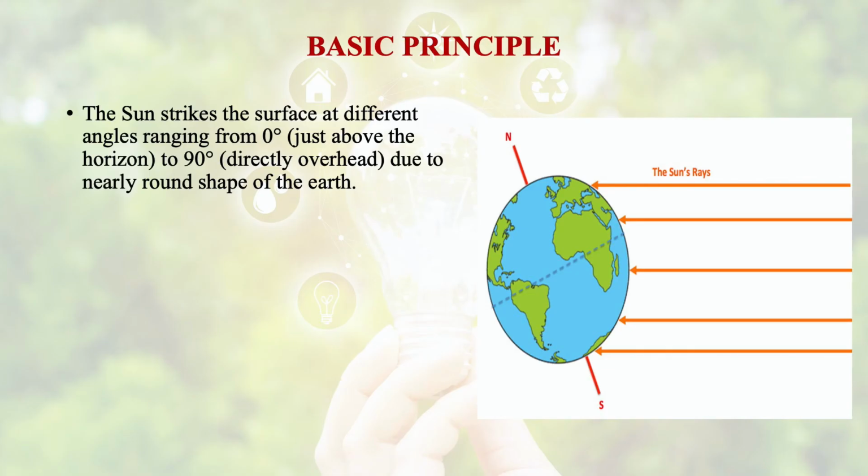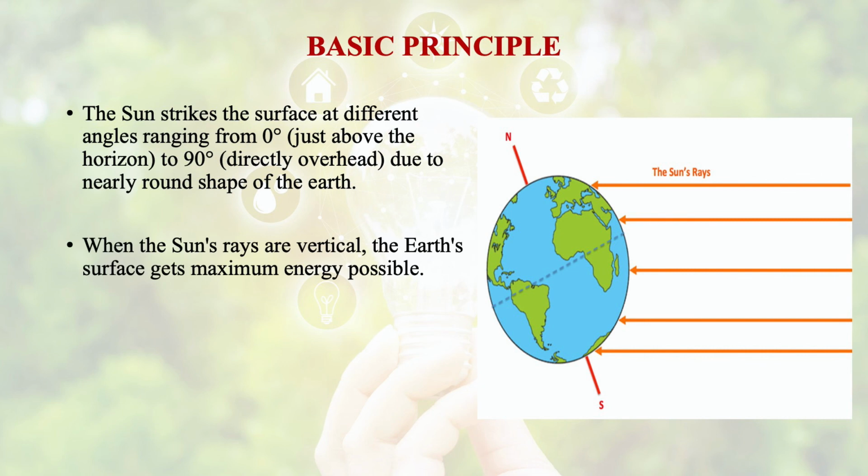What is the local weather? That is also important. So basically the factors that affect solar radiation are geographic location, time of day, season, local landscape and local weather. The sun strikes the surface at different angles, ranging from 0 degrees just above the horizon to 90 degrees, that is directly overhead, due to the nearly round shape of the Earth.